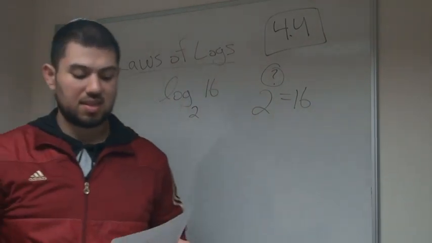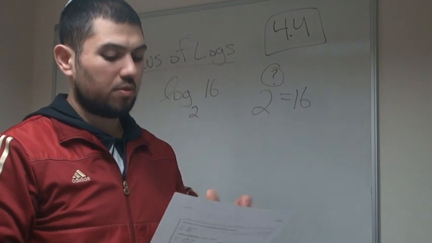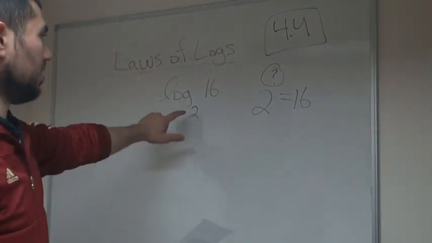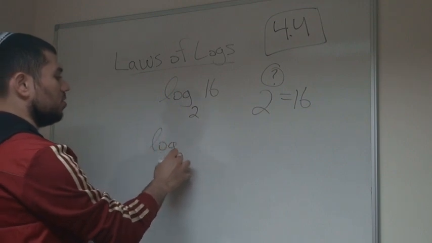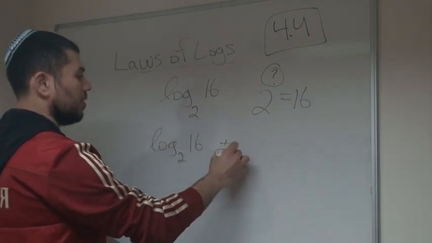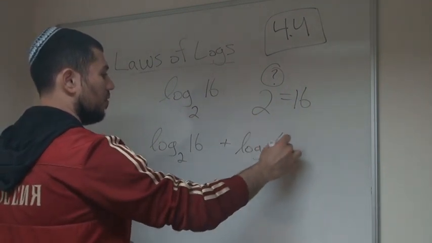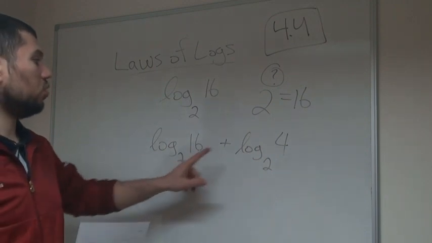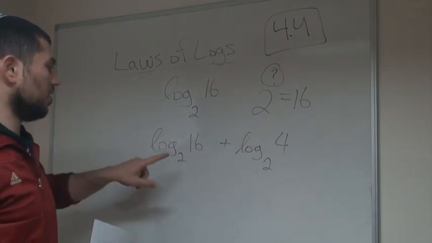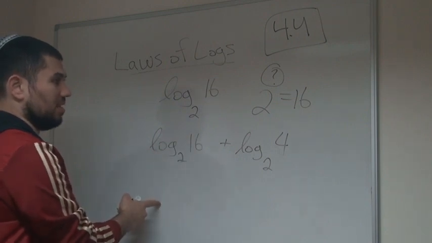Here, in this section, what we're going to be exposed to is a few different rules that allow us to manipulate expressions like, well, what would happen if I had log to the base 2 of 16 plus log to the base 2 of 4? What would we do there? We have two log terms. Well, this would be asking us 2 to what power gives us 16.